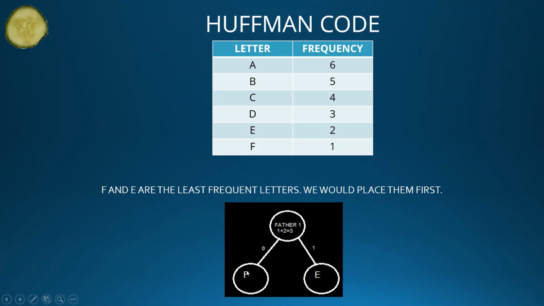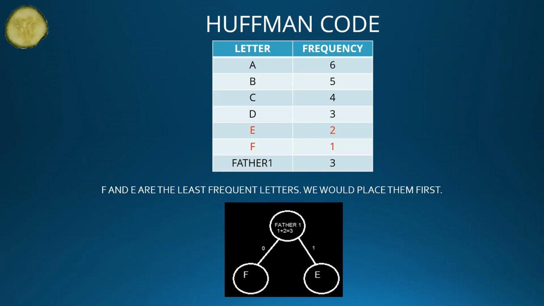So we place F as the left son of Father 1 and E as the right son of Father 1. Father 1 is our new vertex, which of course does not represent any letter of the alphabet, and its frequency is 1 plus 2, which equals 3.